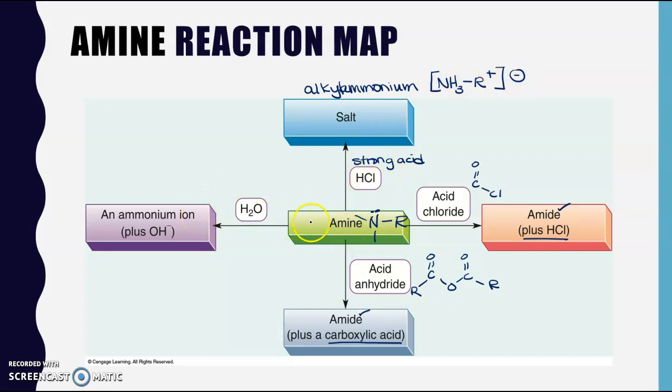Amines even just react with water, though, because they're weak bases. So when you react an amine with water, it accepts a proton from the water, and you get an ammonium ion or an alkyl ammonium ion, and then we're generating hydroxide.